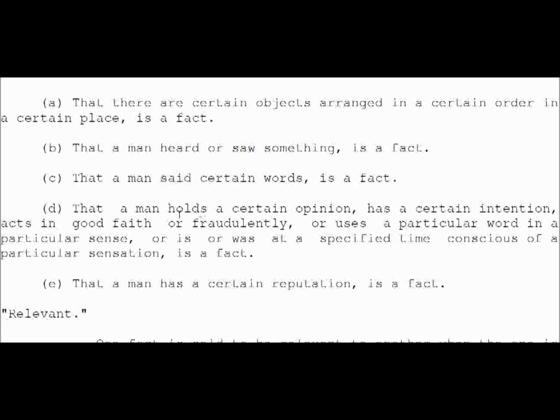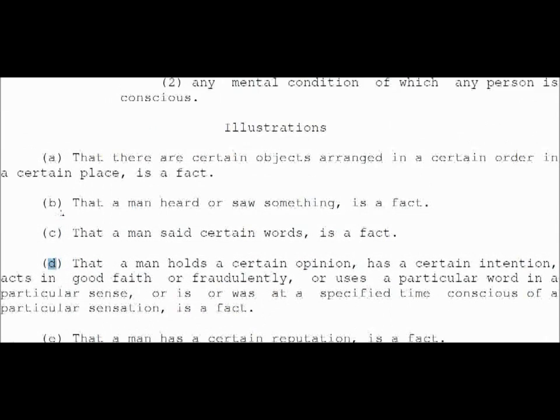If a man holds a certain opinion or certain intention, or acts in good faith or fraudulently against any person, it is also a fact. Illustration D is an example of mental condition, that is, the second part of fact. E talks about a man having a certain reputation, which is also a fact.